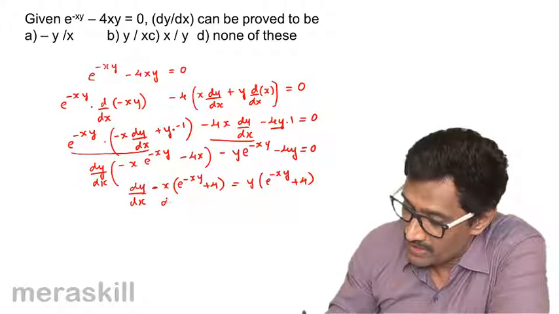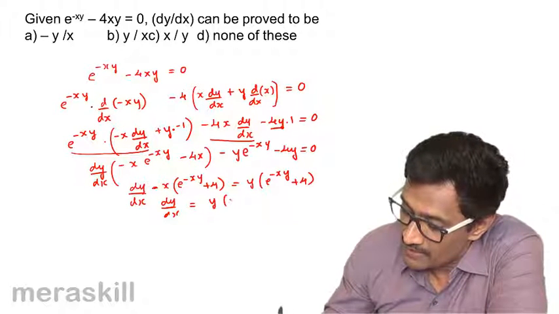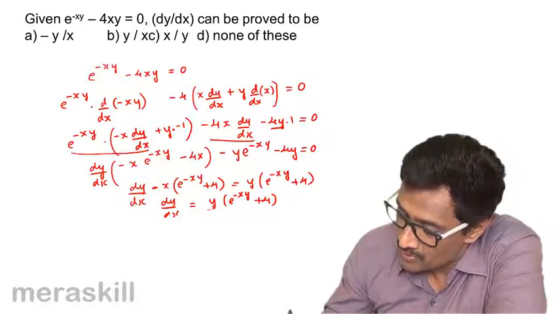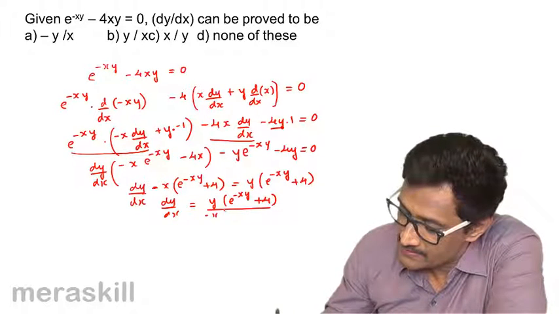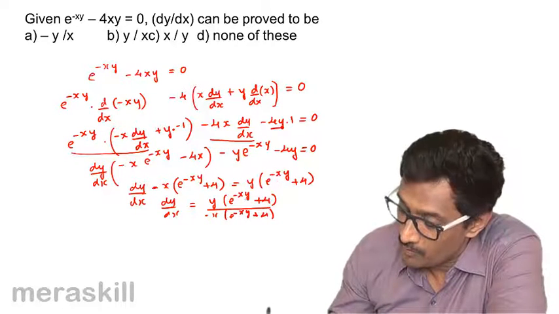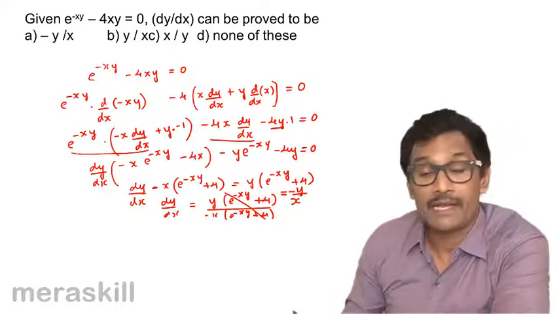So eventually dy by dx is going to be y into e raised to minus xy plus 4 upon minus x into e raised to minus xy plus 4. This of course gets cancelled. Ultimately you're getting minus y upon x.